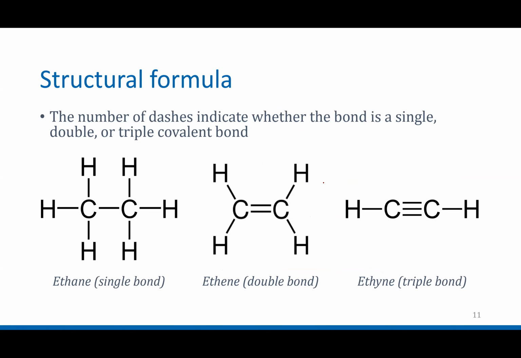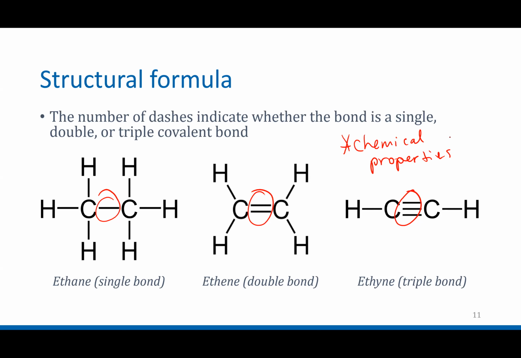So structural formulas are very useful because the number of dashes can show us the number of bonds. And these bonds, single, double, triple, help tell us about chemical properties. So boiling points, reactivity. Double and triple bonds tend to be more reactive than single bonds.